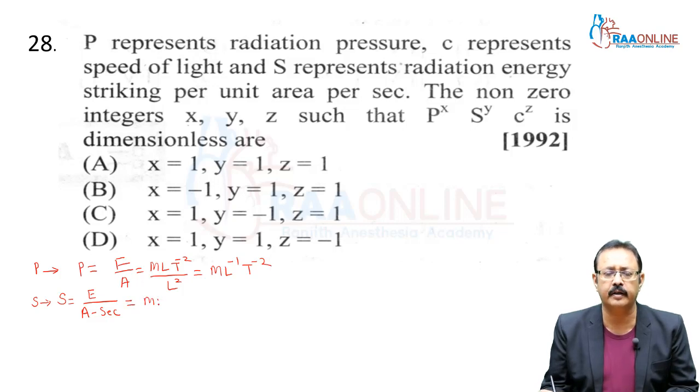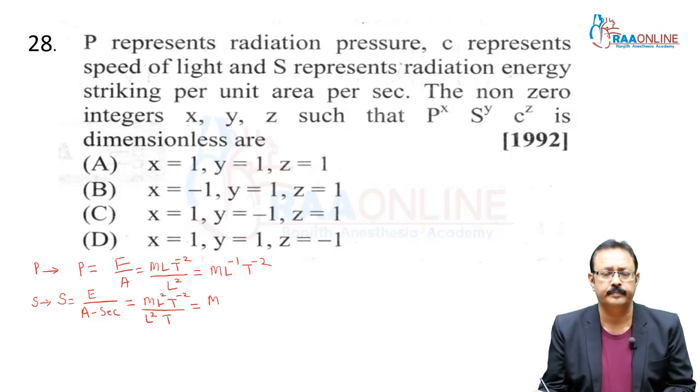Energy means work, ML2 T minus 2. Area L2, T time. So what we are getting? M. Cancel L2 with L2. T minus 3.